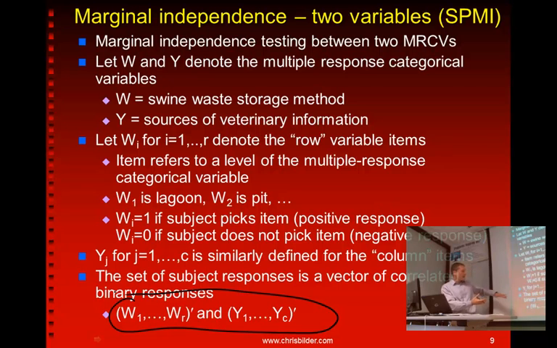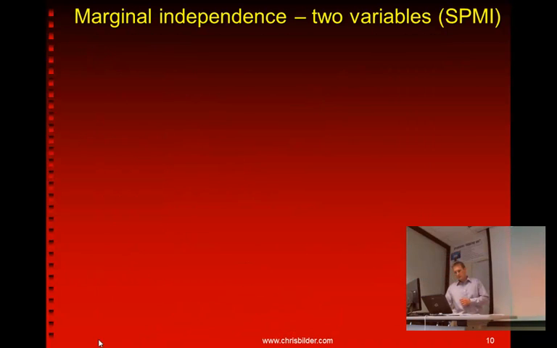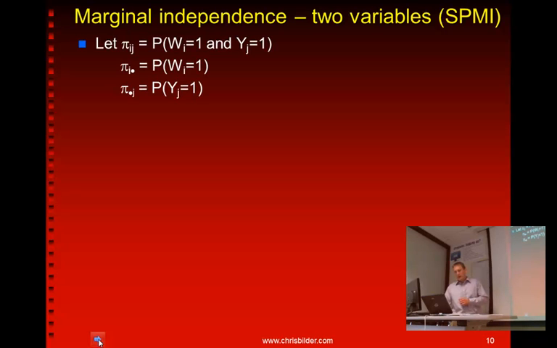What we have here is that a person is contributing R plus C different binary responses, where we've partitioned these binary responses into row binary responses and column binary responses for our data. Let pi sub ij be the probability that W sub i is equal to 1 and Y sub j is equal to 1.